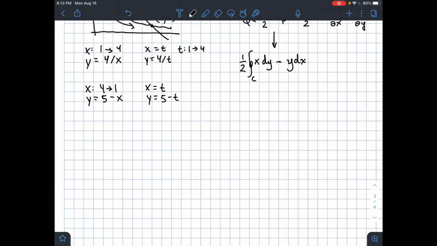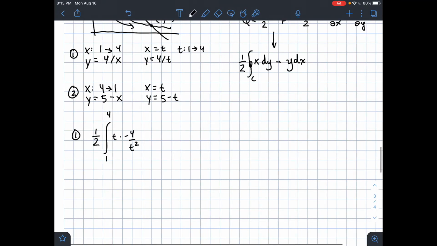So first, let's write the integral for the first path. So this first integral will be half the integral from t equals 1 to t equals 4 of x dy, which in this case will be t times negative 4 over t squared. For dy, we just take the derivative of y with respect to t, and then we do minus y, which is 4 over t, times dx, which in this case is the derivative of x with respect to t, which is just 1.